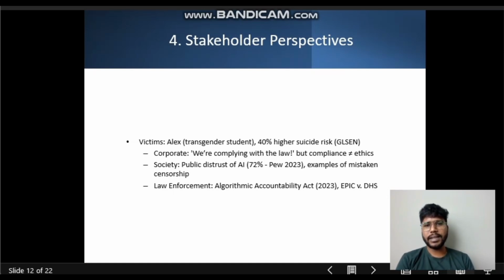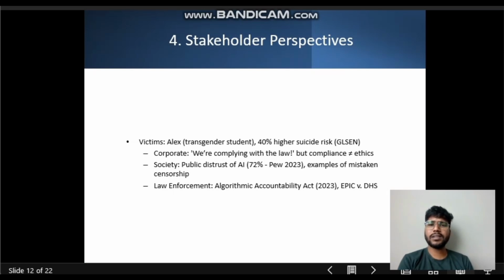Society values free speech, but also wants to protect children. So overblocking undermines both of these goals. For example, blocking LGBTQ plus resources doesn't protect children; it harms them by erasing their identities and isolating them from supportive communities.